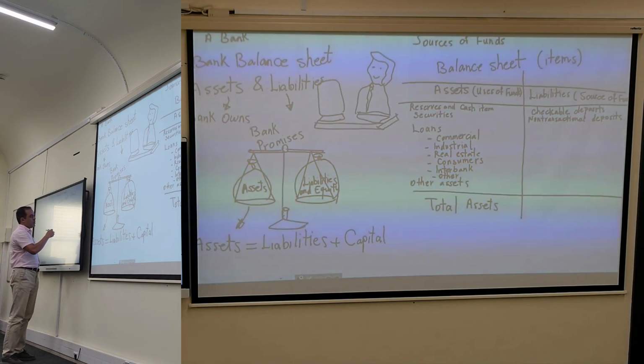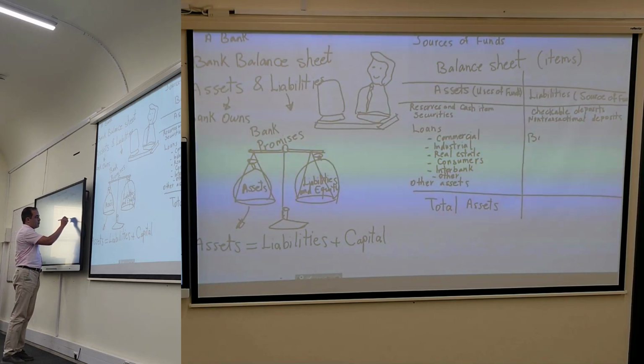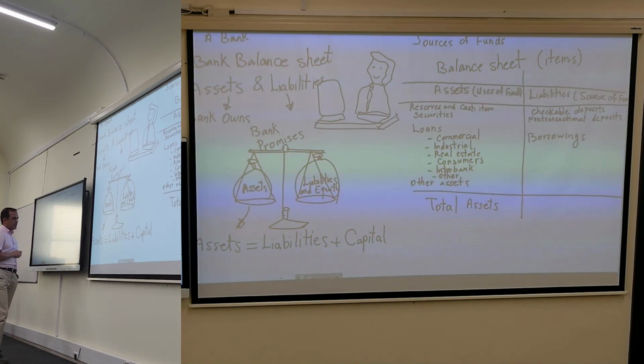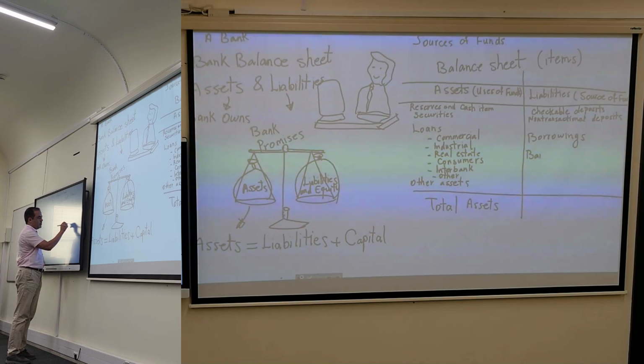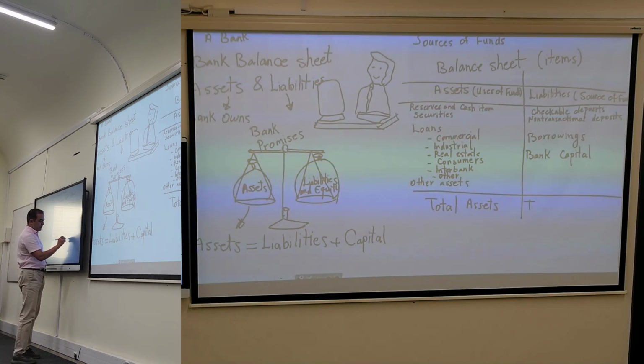And we have the large denomination time deposits also, that they are all non-transactional deposits. And then we can have the borrowings and bank capital, and finally we have the total liabilities here.